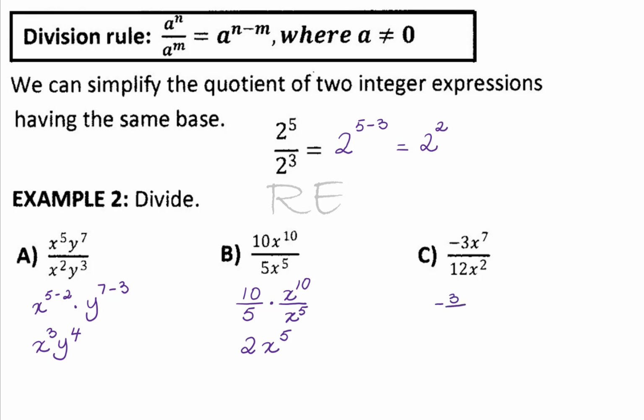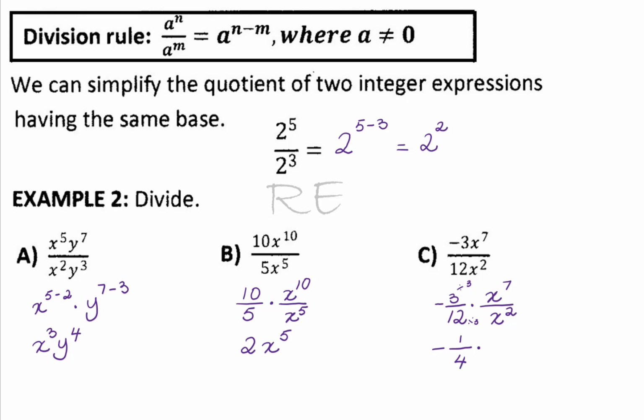We have negative 3 over 12 for C, multiplied by x to the 7 over x to the second. Negative 3 over 12 can be reduced as negative 1 over 4 when we divide both numerator and denominator by 3.